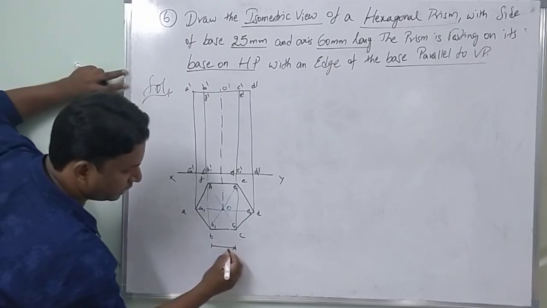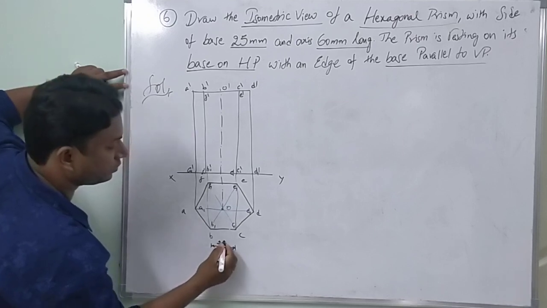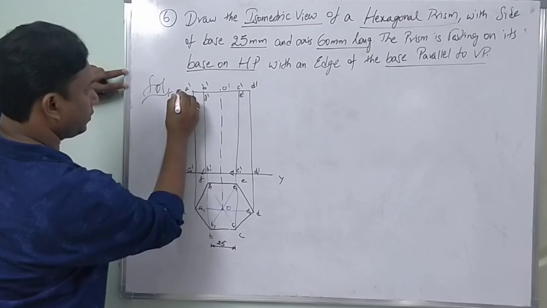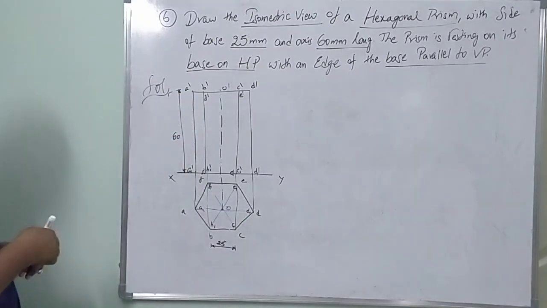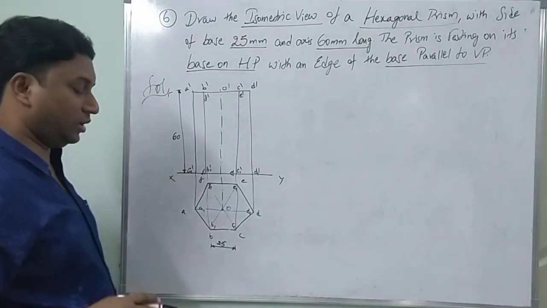Remember, each dimension is 25 for the hexagon. Axis height 60. See, this is simple, as in your original projections of solids.